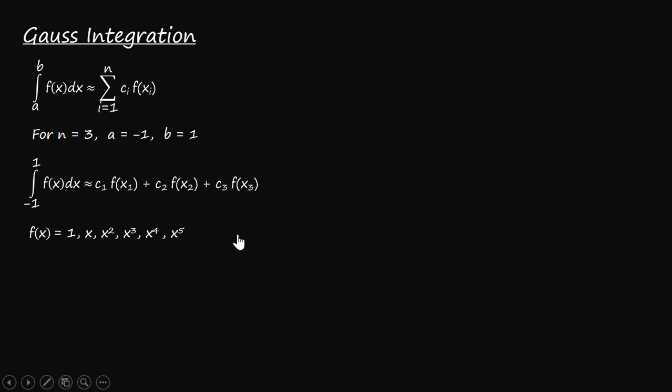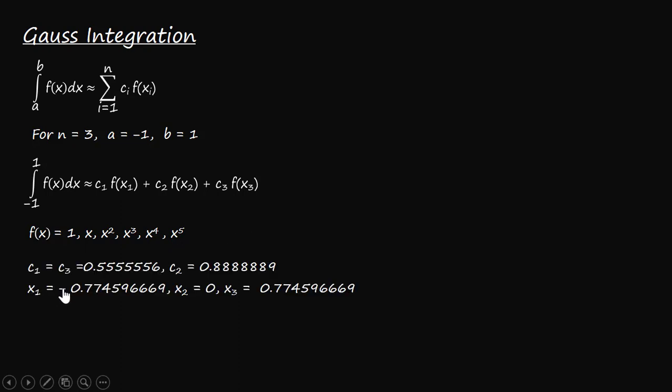When we solve those 6 equations simultaneously, we will get the value of c1 and c3 equal to 0.5555556, the value of c2 equal to 0.8888889, the value of x1 equal to -0.77459669, x2 equal to 0 and x3 equal to 0.77459669.